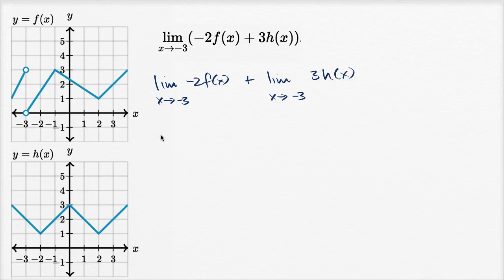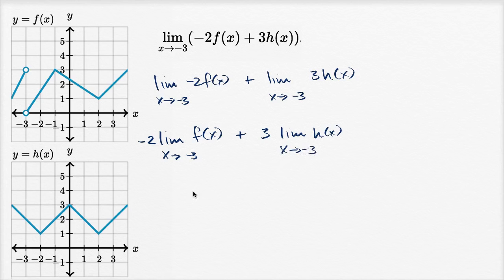And this is equal to -2 times the limit of f of x as x approaches -3, plus, taking this scalar out, 3 times the limit of h of x as x approaches -3. And so we just have to figure out what the limit of f of x is as x approaches -3 and the limit of h of x as x approaches -3.